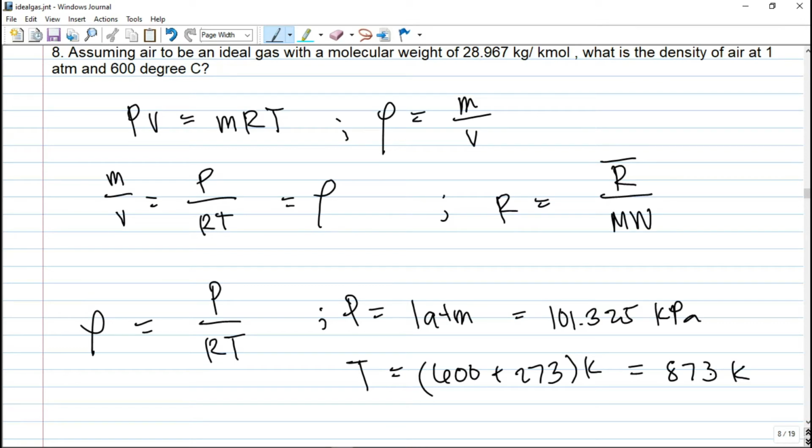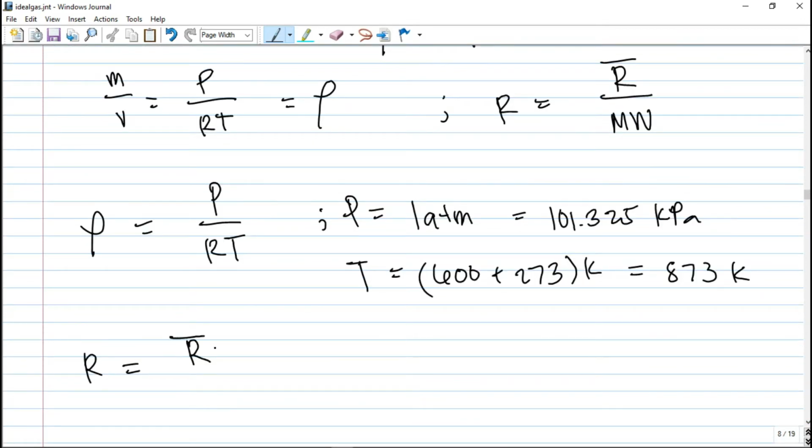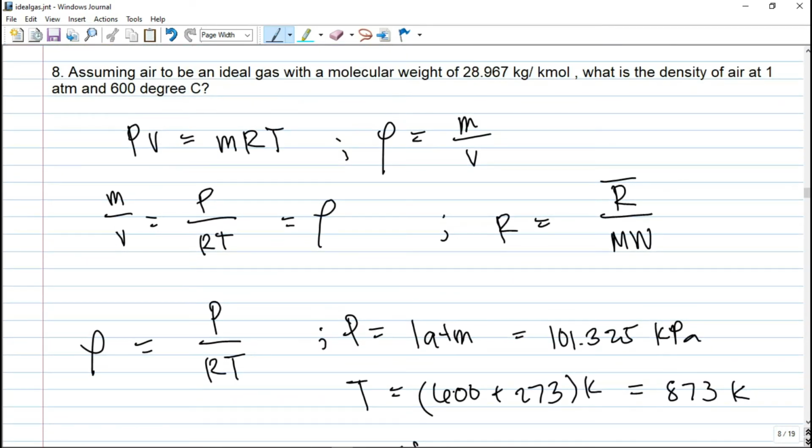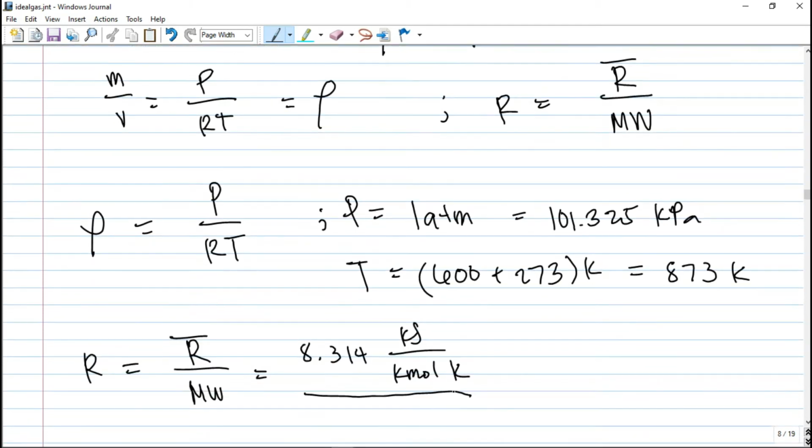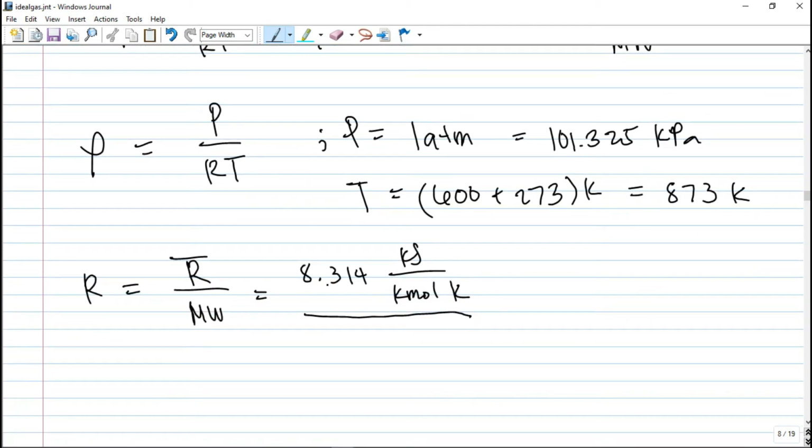So going back to our gas constant, that is your universal gas constant divided by its molecular weight. Universal gas constant in SI units is 8.314 kilojoule per kilomole Kelvin, divided by its molecular weight, from the given, 28.967 kilograms per kilomole.